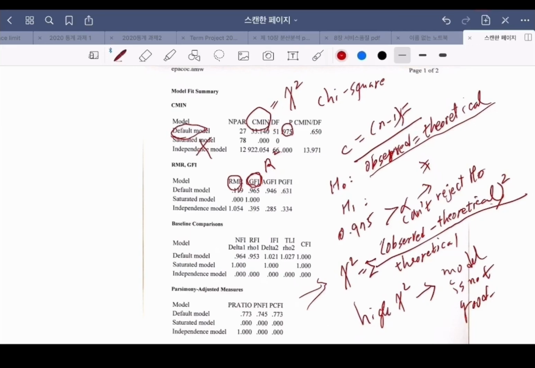And also the RMR is the residual. Residual is observed minus theoretical.